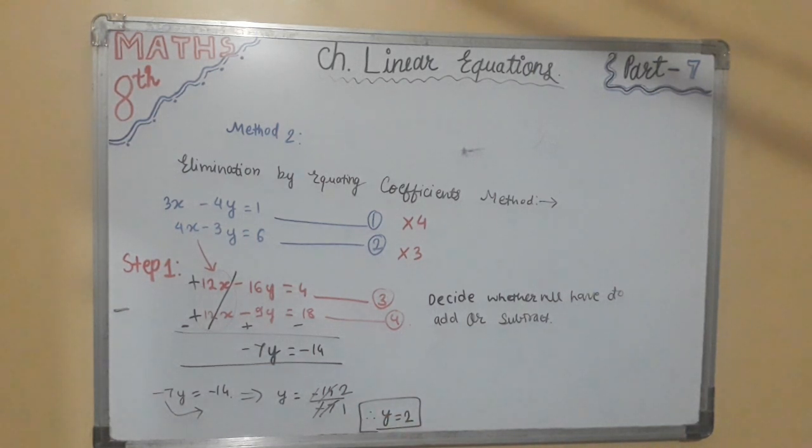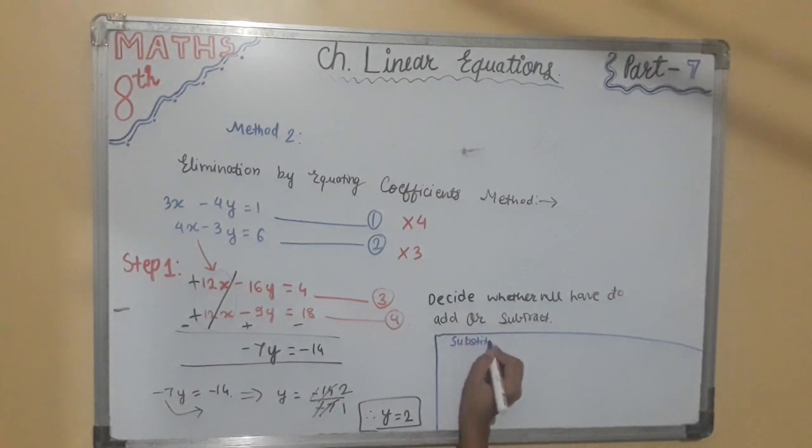I hope you've understood till this step. After that our next step will be, we have got the value of y, that is 2, so we will substitute the value of y in the first equation.